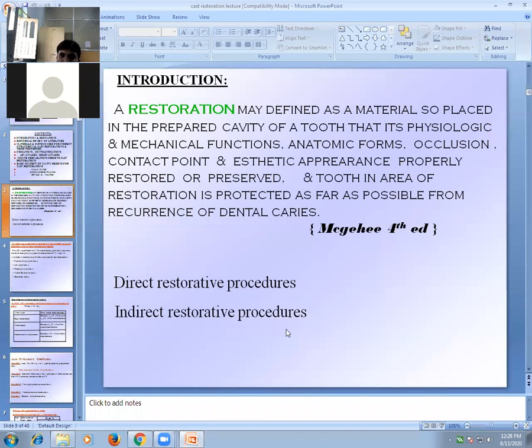What the restoration basically means is that we have to remove the carious portion and restore the tooth to its original form so that it helps its main functions, that is chewing, mastication, and phonetics.